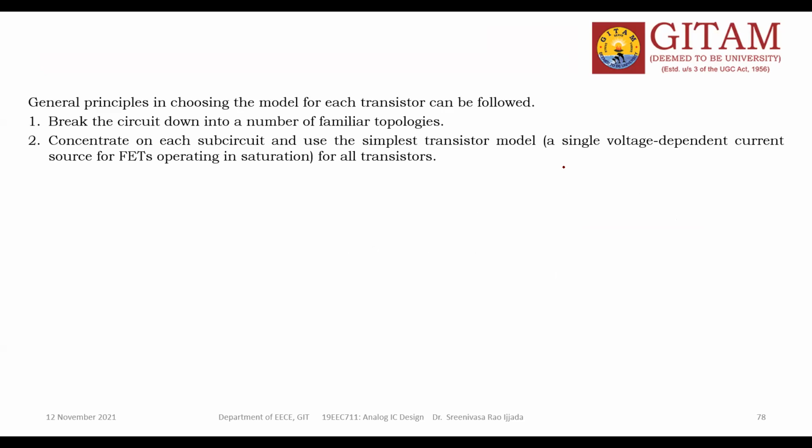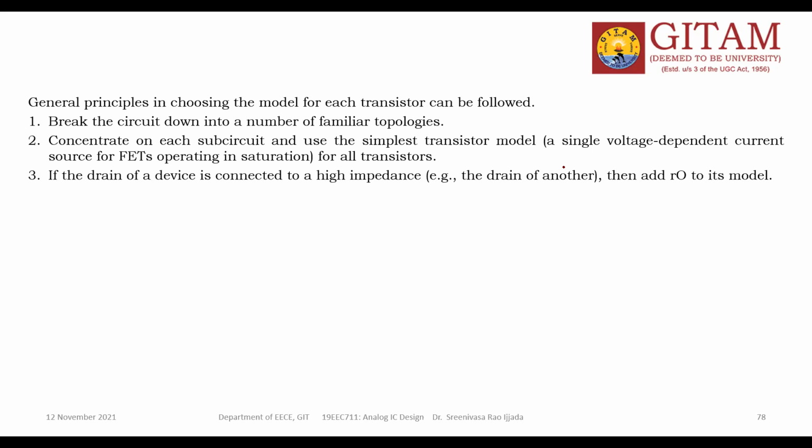Concentrate on each subcircuit and use the simplest transistor model: the simple voltage-dependent current source, operating in saturation for all the transistors. Next, if the drain of the device is connected to a high impedance, for example the drain of another device, where two drains are joined together, then add the r0.